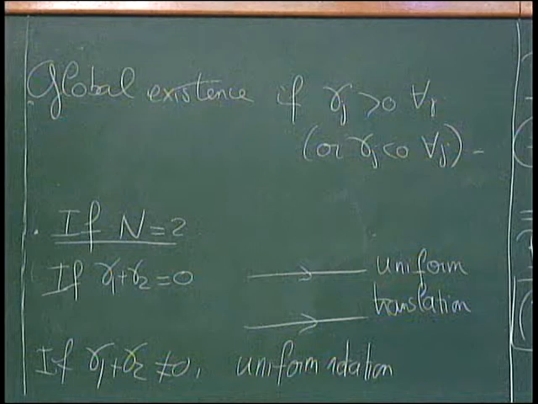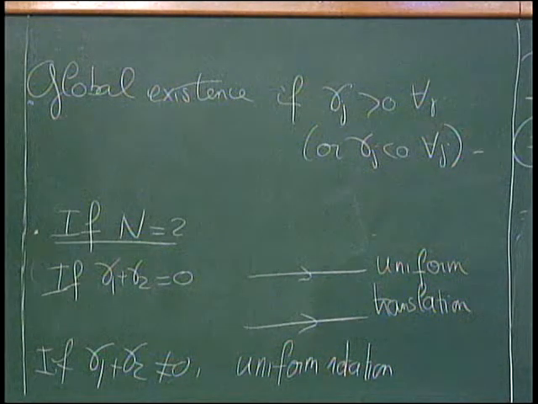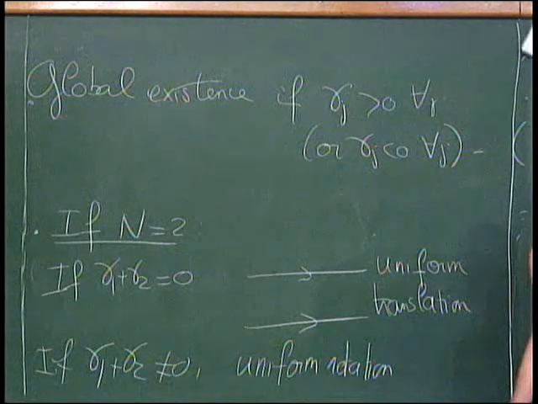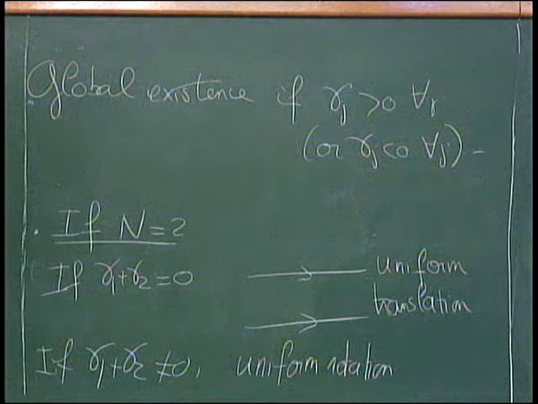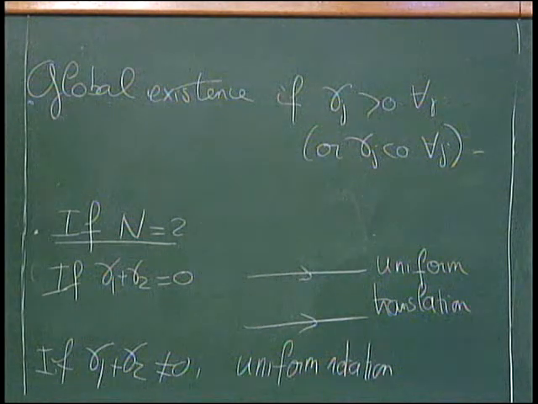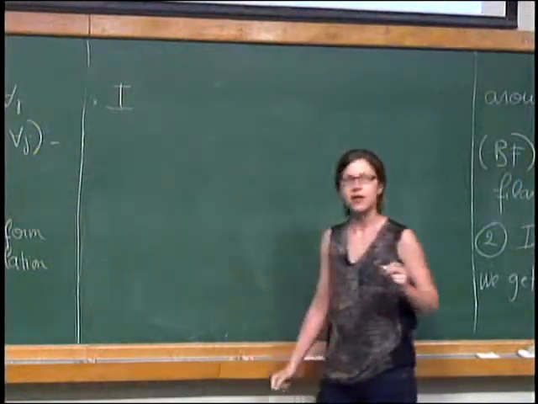If n is larger than 3, we can construct, so in fact, it was constructed by, I think, RF, a beautiful example of collision in finite time in a specific situation in which gamma 1, gamma 2 and gamma 3 don't all have the same sign, because otherwise we would have global existence. So this is an example of self-similar collision in finite time.